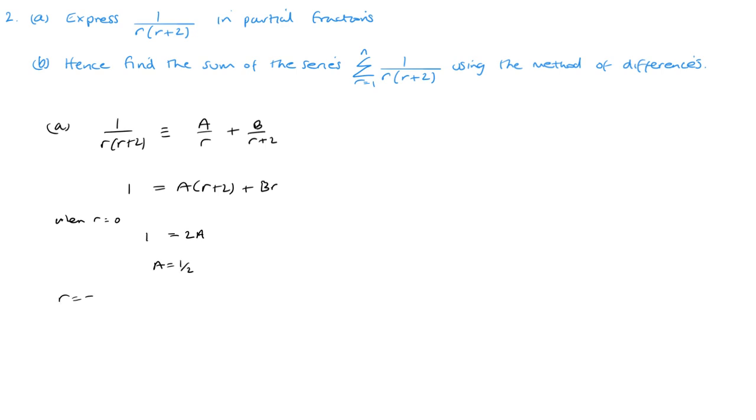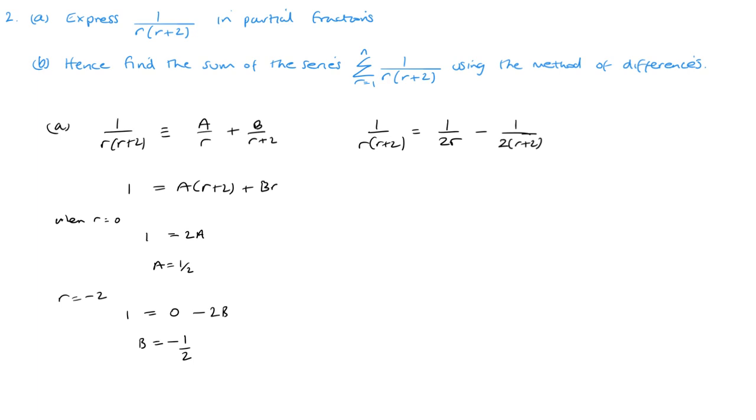When r equals negative 2, 1 equals 0 minus 2b, so b equals minus a half. Okay, so 1 over r(r plus 2) is equal to 1 over 2r minus 1 over 2(r plus 2).